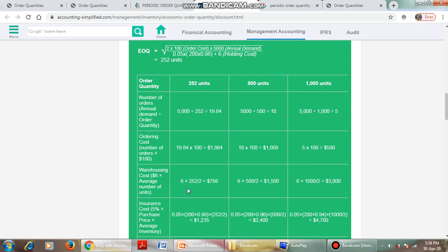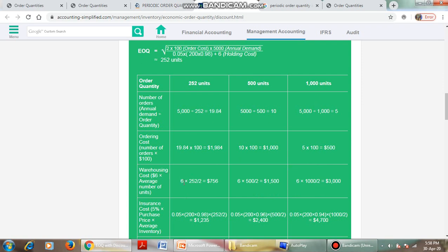Then the warehouse cost. The cost for the warehouse, the godown, is 6, into the average. The average is 252 by 2, so you get 756. For 500, 6 into 500 by 2, you get 1,500. Then 6 into 1,000 by 2, where 2 gives the average.